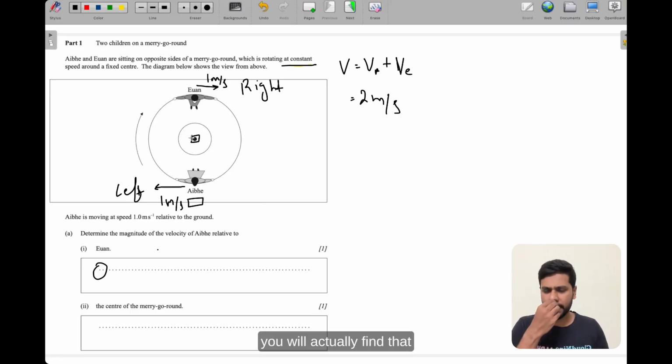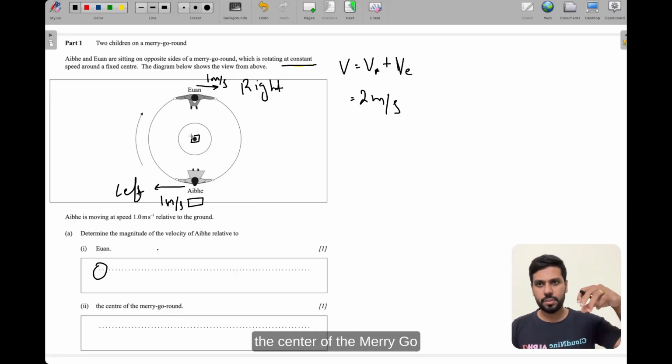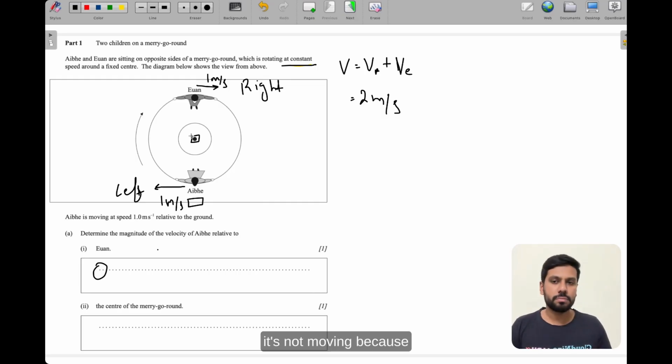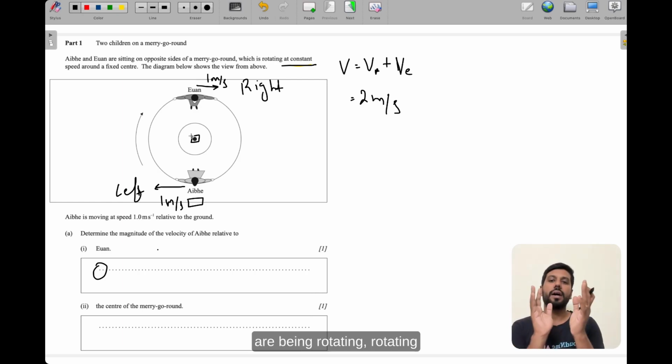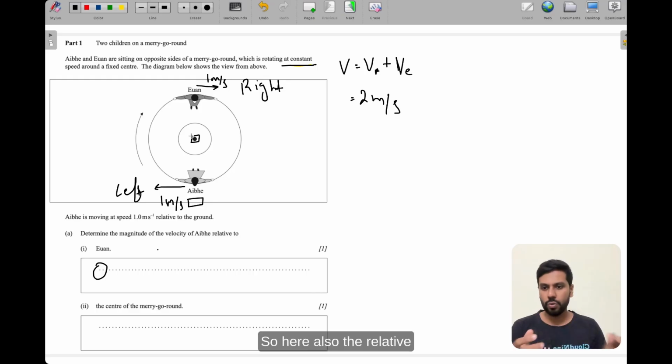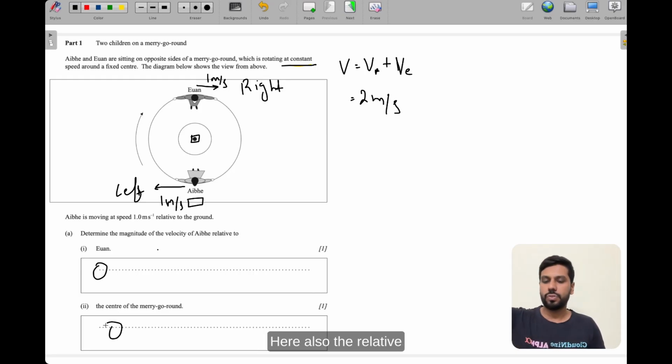You will actually find that Eon is not moving, because you yourself are rotating along with Eon and Abe. So here also the relative velocity is going to be zero in this particular case.